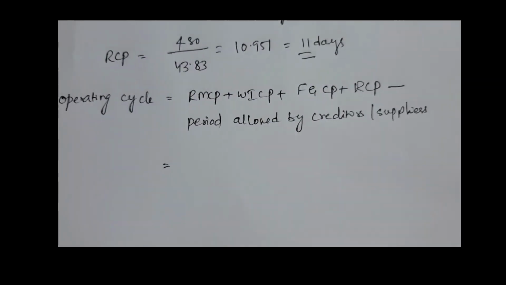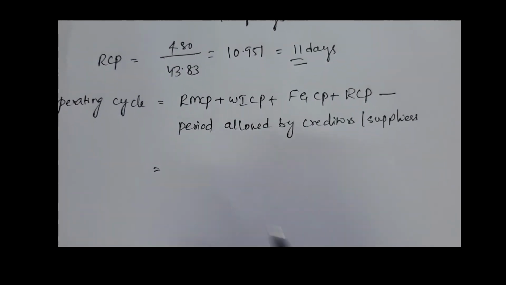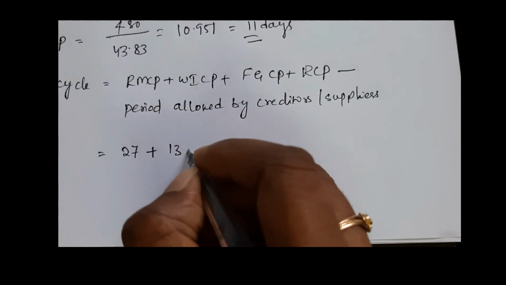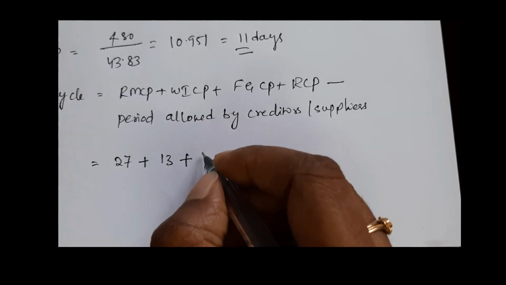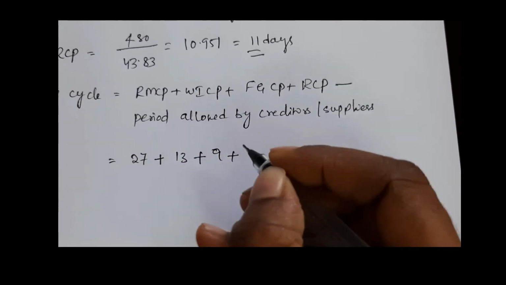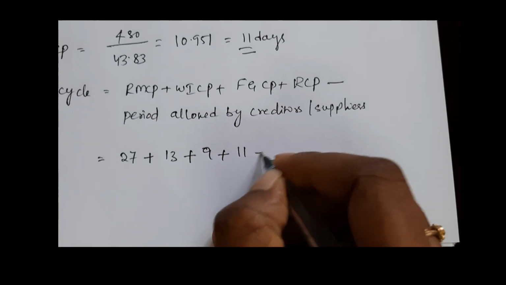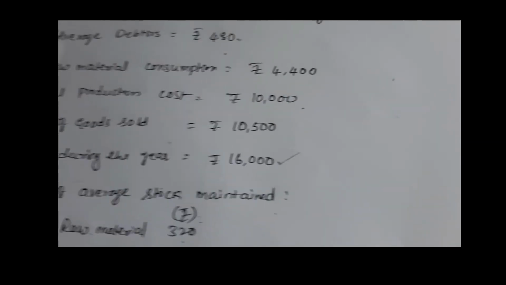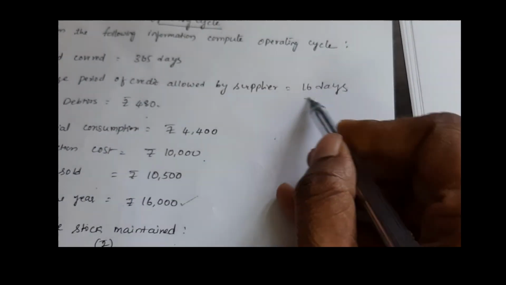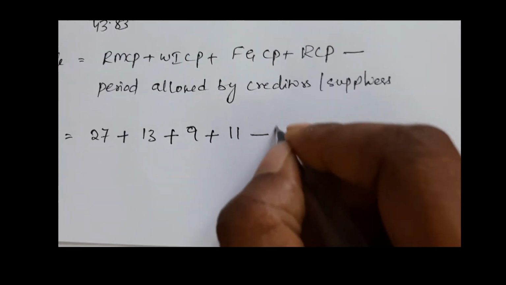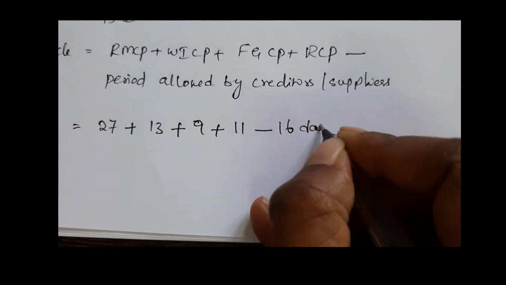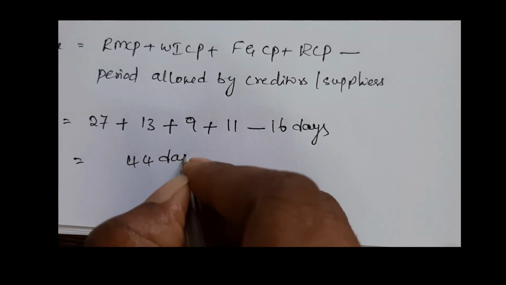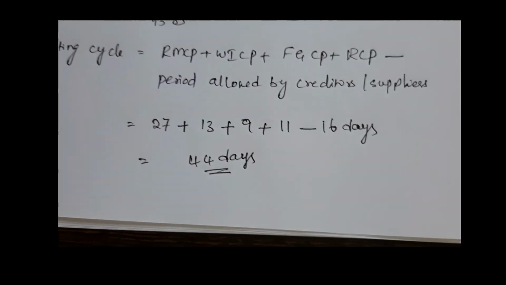RMCP we got 27 days plus WICP we got 13 days plus FGCP we got 9 days plus RCP we got 11 days minus credit period allowed by the suppliers, which is given in the sum only, so that is 16 days. So we have to write that 16 days here. Then we will get 44 days of operating cycle. Thank you.